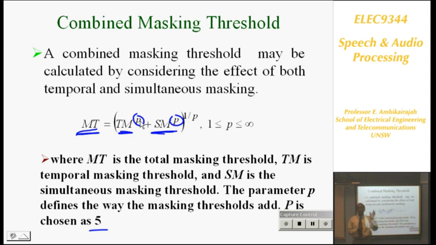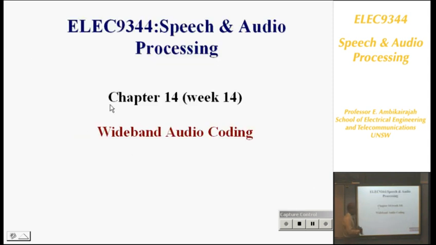Now, you take one filter output, that's the time output, and you group it into small frames, 5 milliseconds, 5 milliseconds, 5 milliseconds for each frame for one filter, and calculate the temporal masking threshold. And then you combine simultaneous and temporal together using this formula, and you get the overall masking threshold. Now, using the overall masking threshold, above it we will hear that band. If it's below, we won't hear that band. And using that principle, you apply your coding technique.